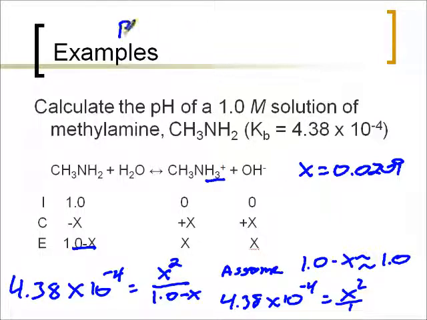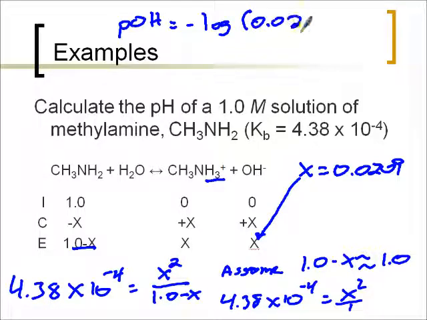And don't forget, this x tells me the concentration of OH, not H. So I'm going to use the pOH method, so negative log of this number, 0.0209, and we get pOH equals 1.70, sorry, 1.68, my bad.